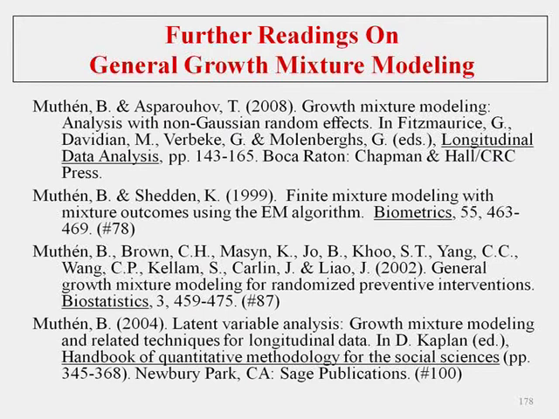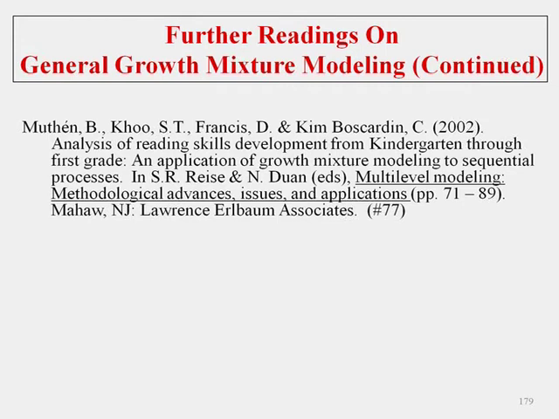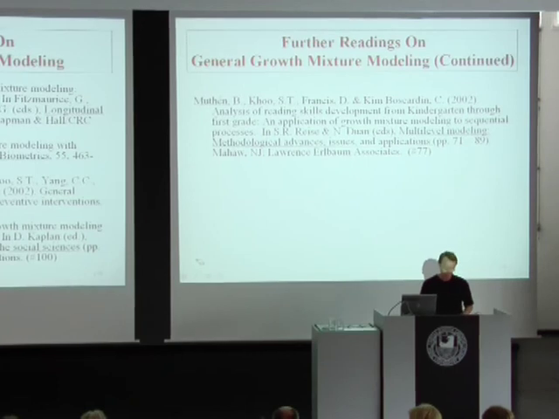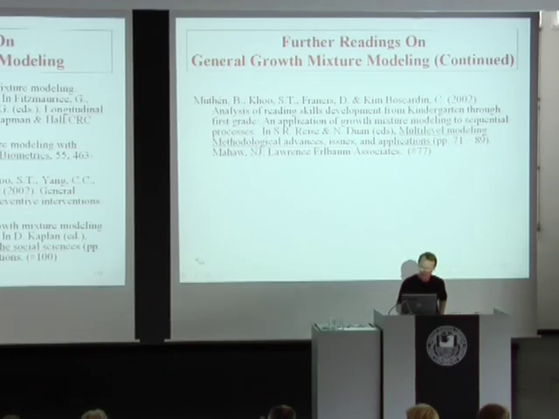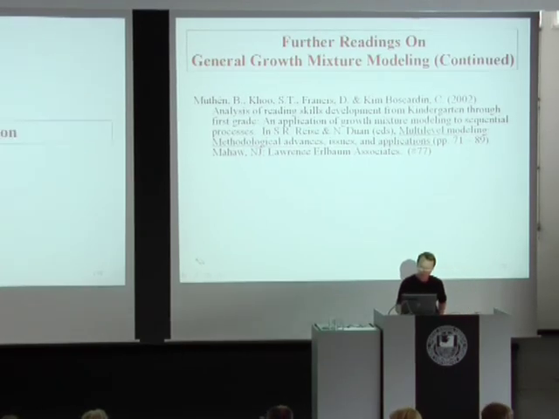And 2008 at the top left is the latest in the series. By the way, here is the reference for the reading data that Linda referred to. And there's also a Journal of Educational Psychology article by Kim Bosgarden on that topic as well, writing from her dissertation.